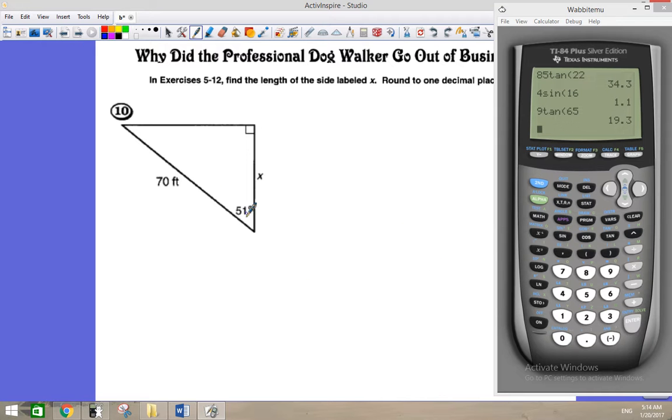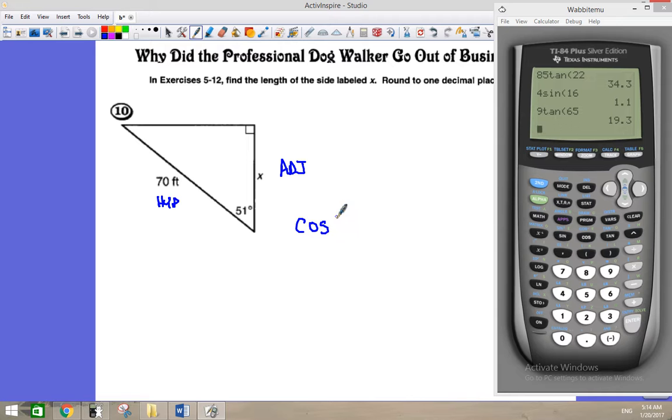With respect to the 51 degrees, x is the adjacent leg. The 70 is opposite the 90, so that's the hypotenuse. The trig functions that use adjacent and hypotenuse are cosine or secant, but since I have the cosine button, I'm going to use cosine.